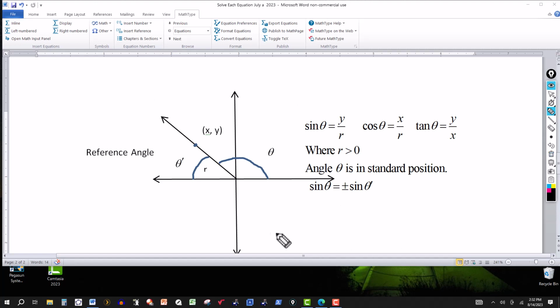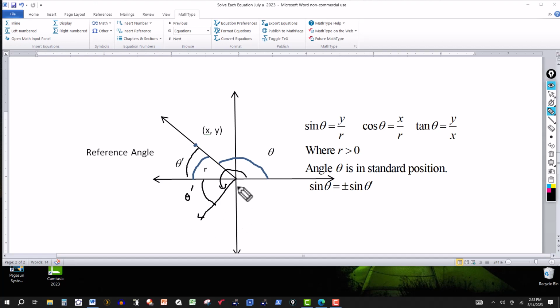And the other thing you need to be aware of is this. I have the angle theta in standard position, and this angle right here is the reference angle. Now if I draw the angle somewhere over here in quadrant 3, say this is theta, then this angle right here would be the reference angle associated with angle theta.